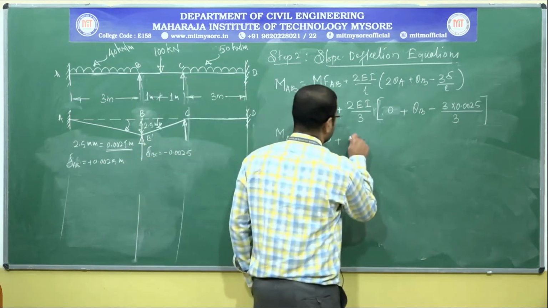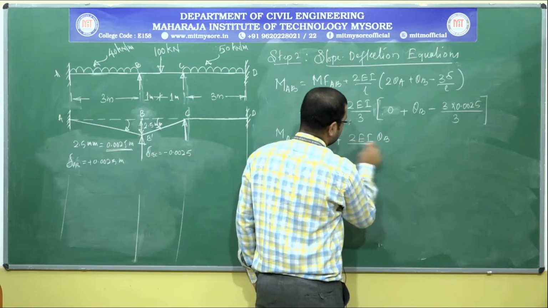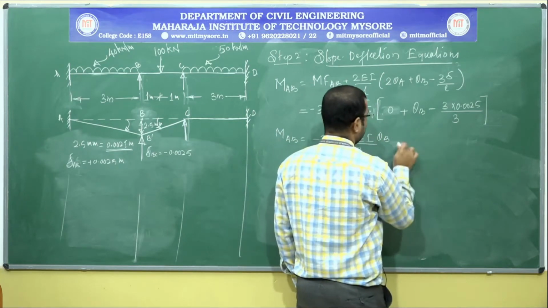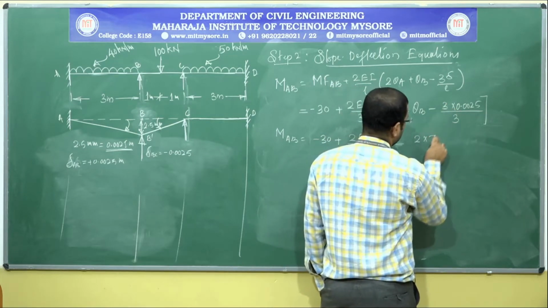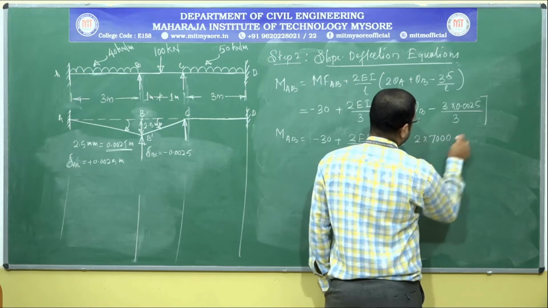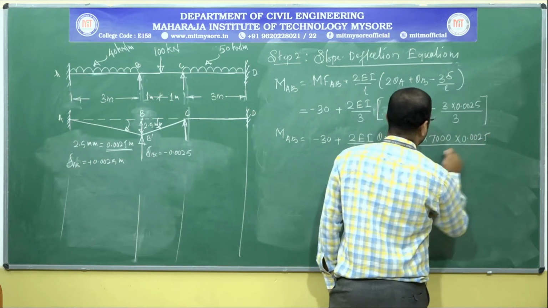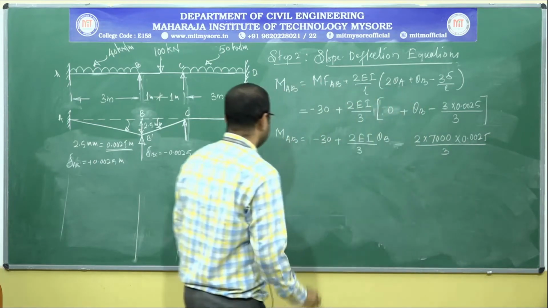So, that will be 2 EI into theta B by 3, minus 3 by 3 it will get cancelled. So, it is 2 into 7000 into 0.0025 whole divided by 3, okay.